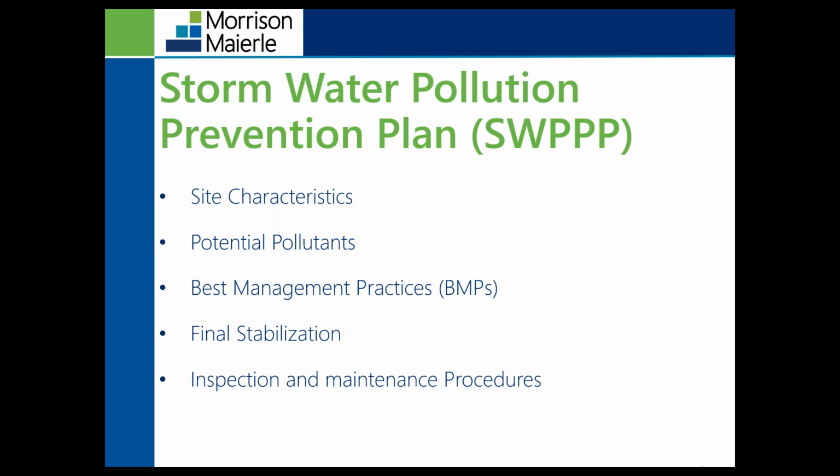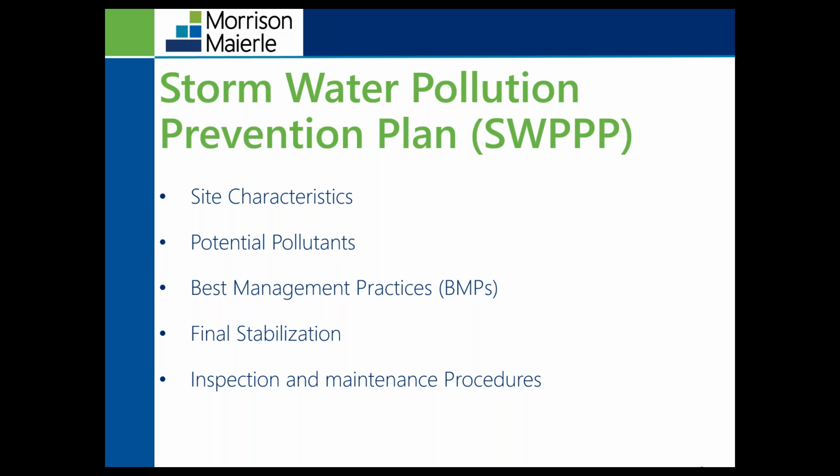So when you're developing this SWPPP and submitting it to DEQ, you're going to have to describe construction activities and the project characteristics, and describe all potential pollutants that may affect the quality of stormwater. You have to describe best management practices, or BMPs, used to reduce potential pollutants in stormwater.